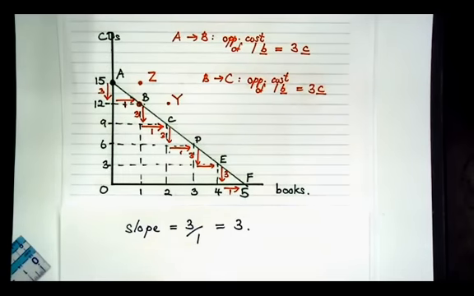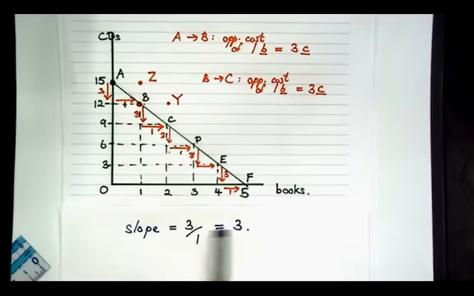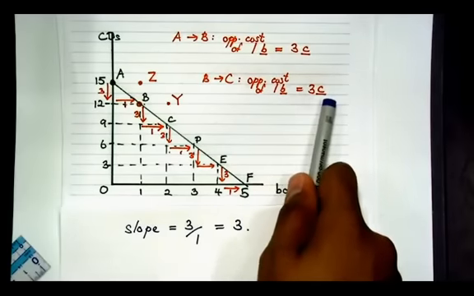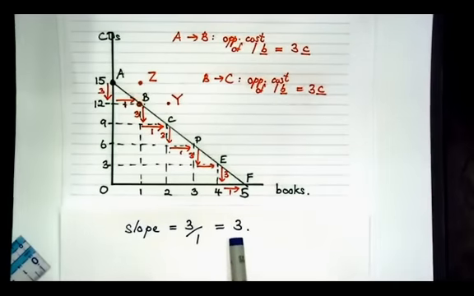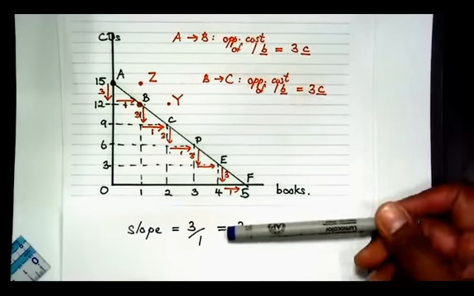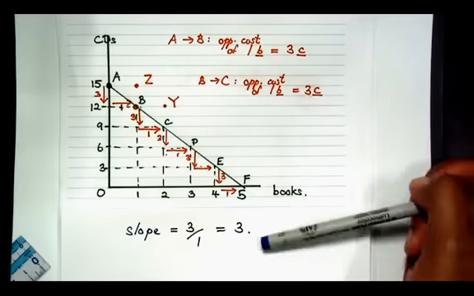What is the opportunity cost of a book in this graph? 3 CDs. The slope is 3. The opportunity cost is 3.